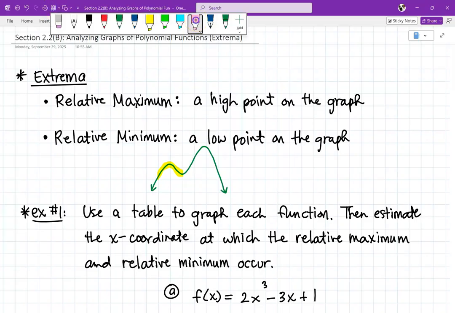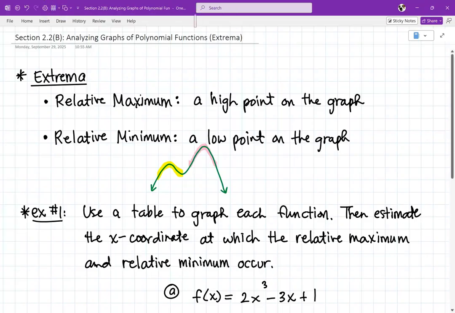If I only use this highlighted portion right here, I can say that that is my high point in that pink highlighted portion, right? Relative to what I decide to look at, those are my maximums or my minimums. That's why they're called relative maxes, relative mins, because I can choose what interval I'm looking at. So this graph would have two relative maximums, one relative minimum.